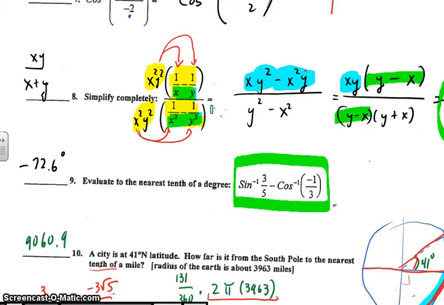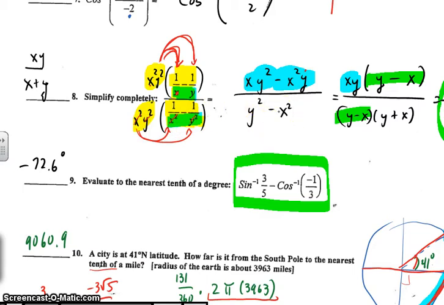Well, we could multiply by x squared y squared. When we do that here, we get x y squared, because one of the x's cancels with this x, and then we still have the y squared. Then we multiply it here. One of the y's cancels, and we have x squared y. Do the same thing on the bottom, but here the x squareds cancel, here the y squareds cancel, and we're left with y squared minus x squared.